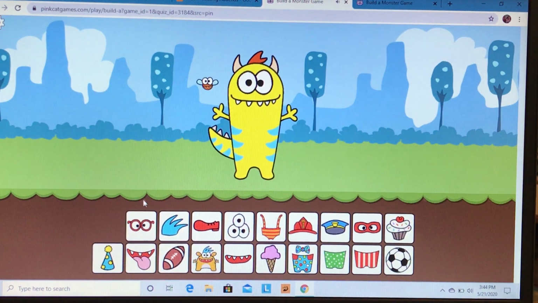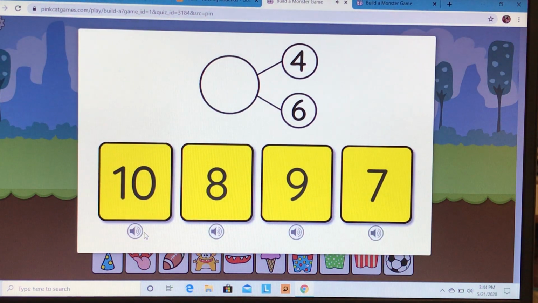All right, let's see if we can add some glasses to our monster. Here, we're given the two parts of 4 and 6. When we put those together, what answer do we get? Take a moment. The answer of 4 plus 6 is 10.